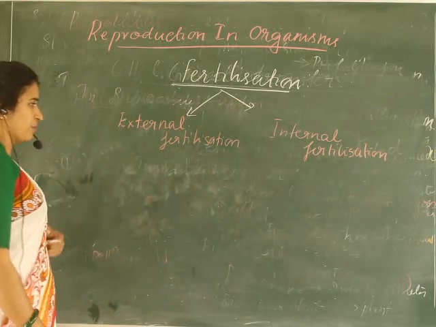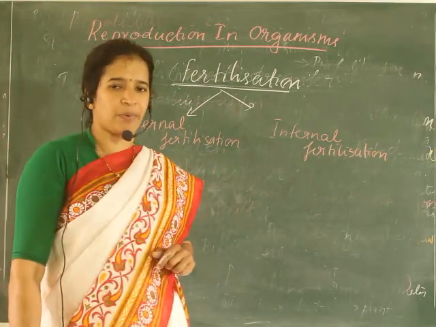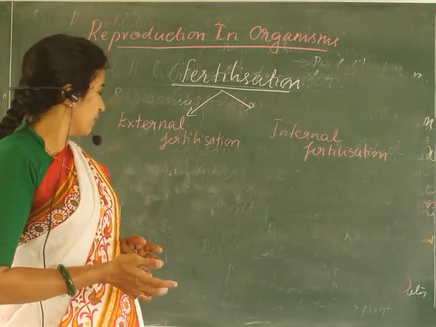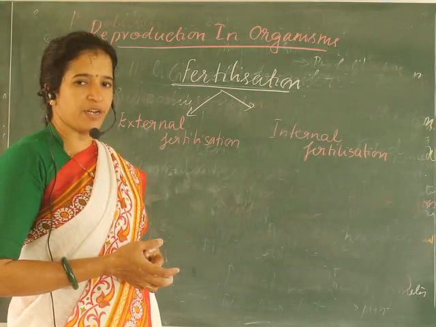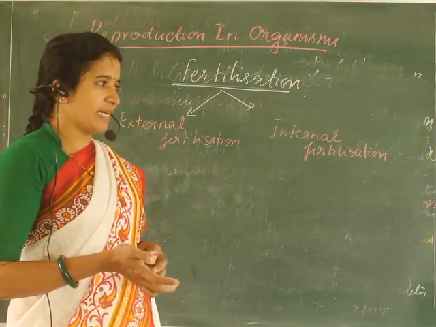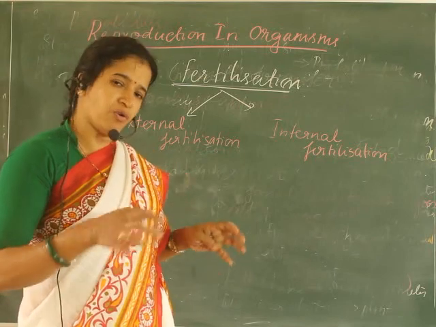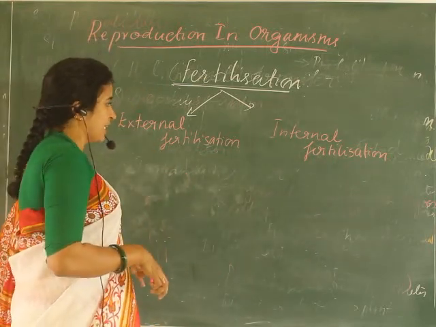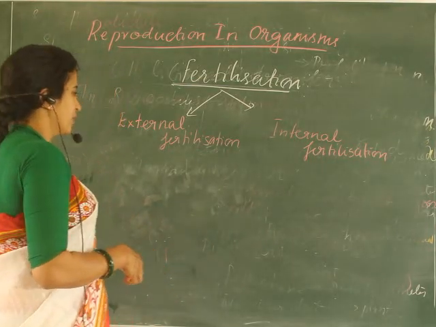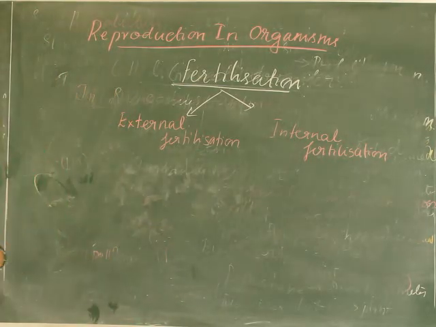External fertilization means the fertilization, the fusion of gametes, takes place outside the female body, not inside it. Internal fertilization means it takes place within the body of the organism.